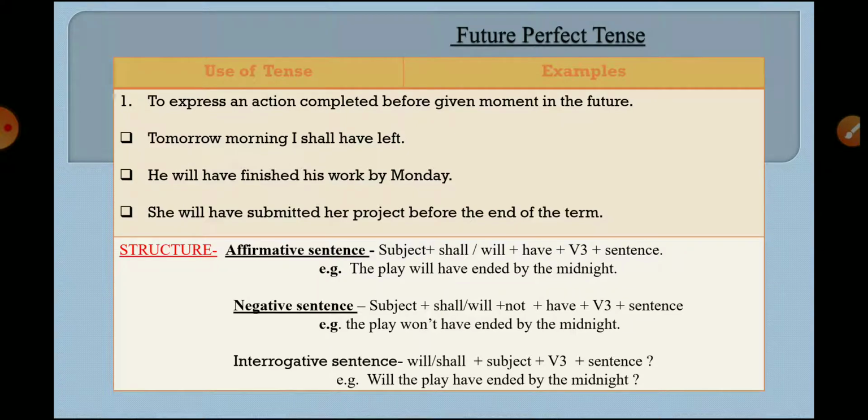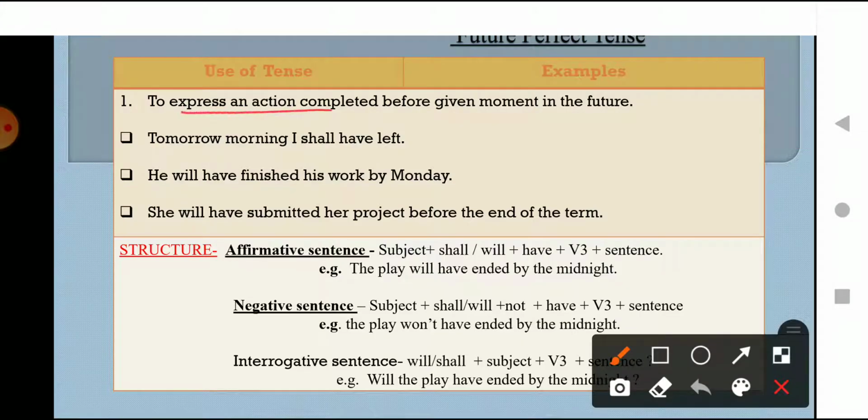The future perfect tense is used to express an action completed before a given time in the future. When an action is going to be completed before the given time.